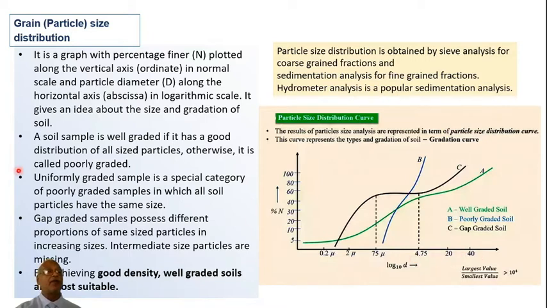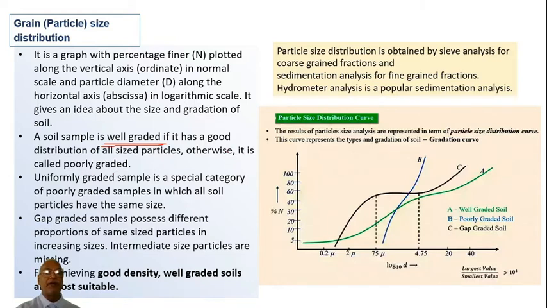Okay, further we'll see. A soil sample is well graded. Please note the word well graded. Here I'll highlight also. The soil is called well graded if it has a good distribution of all sized particles. Otherwise it is called poorly graded.